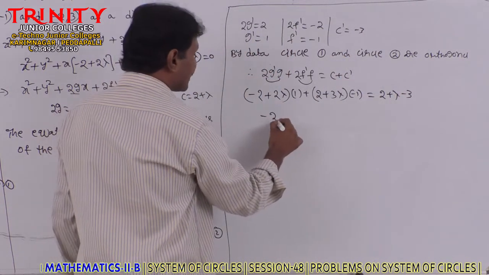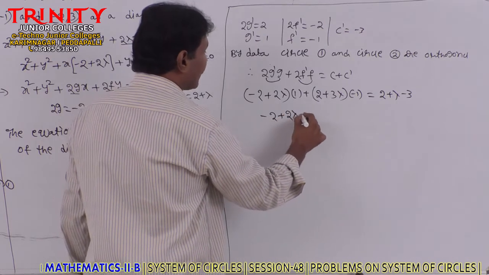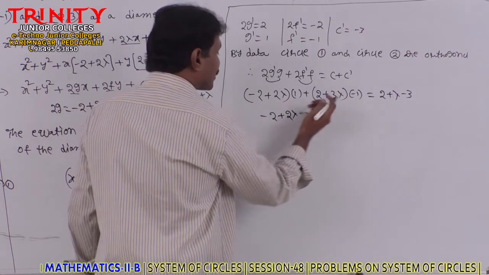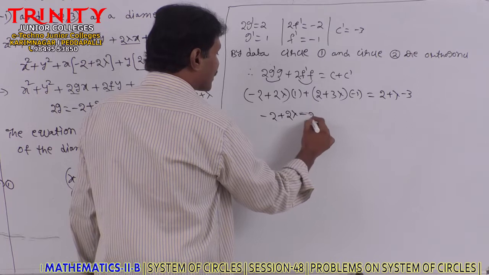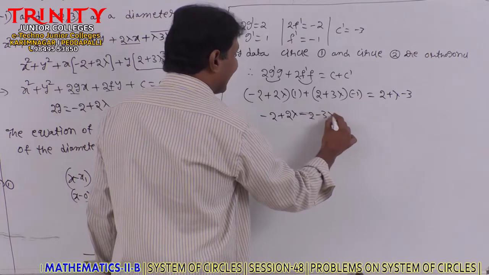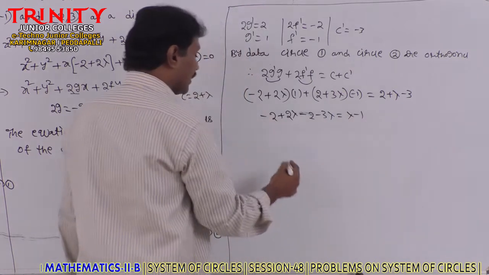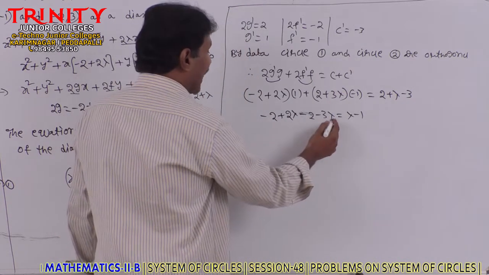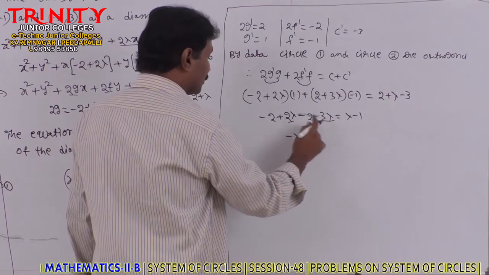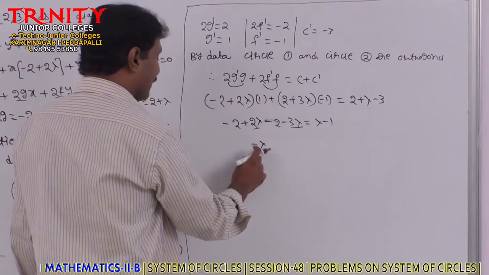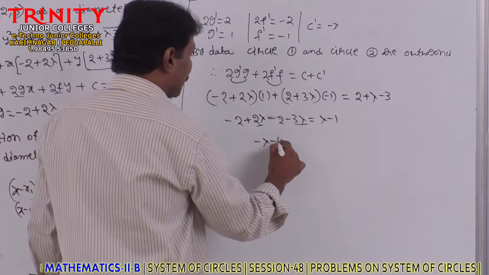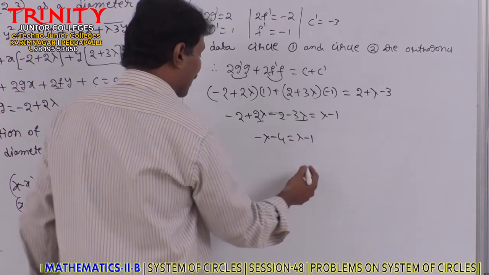So, (minus 2 plus 2 lambda) minus (2 plus 3 lambda) equals lambda minus 1. Here 2 lambda minus 3 lambda minus 2 minus 2 equals lambda minus 1.